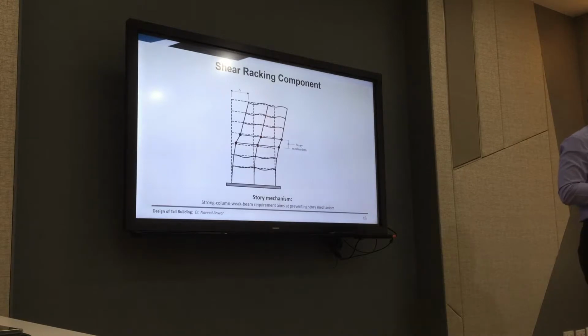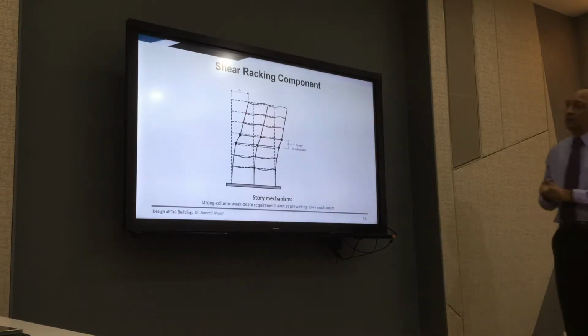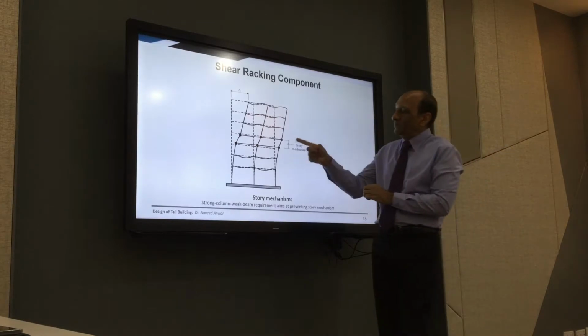And that's what happens in earthquakes. You have seen so many pictures, many buildings in Nepal and other places, they just fold because one story forms a mechanism. The columns top and bottom form hinges and they collapse and it becomes a pancake. And that's what we don't want to happen.